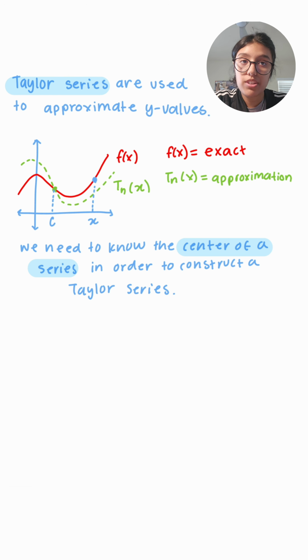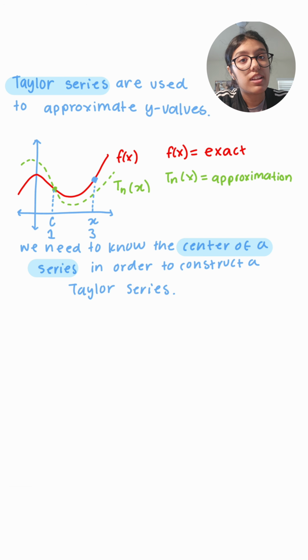Another relationship to note is that the farther you go away from that center, the less accurate your approximation will be. In other words, let's say your series was centered around x is equal to 1, and you're trying to approximate the y value at x is equal to 3, okay? Well, as you guys can see, the actual y value when x is equal to 3 is over here, this dot in blue.